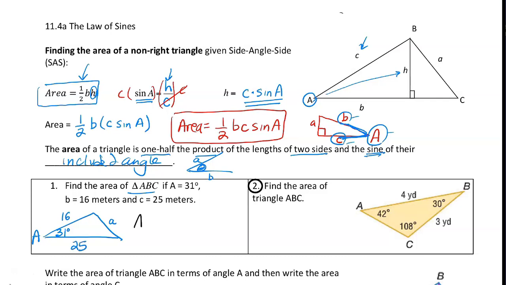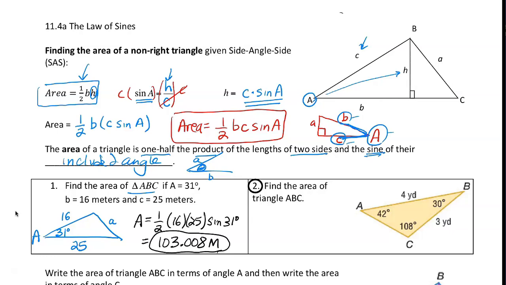So our area would be 1/2 times 16 times 25 times the sine of the angle. I'd encourage you to pause the video and multiply that out to make sure you get the correct answer. So go ahead and pause the video. I got an answer of 103.008 meters.